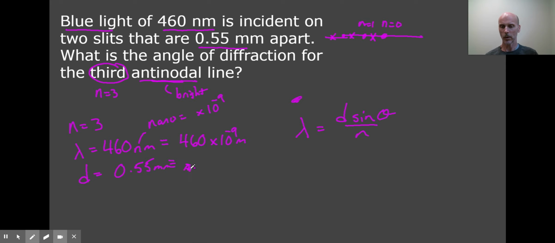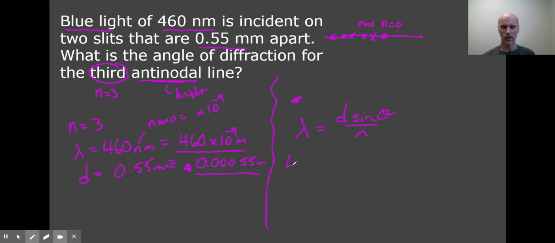And I know that it takes 1,000 millimeters to make a meter, so move the decimal 3 places, so this is 0.00055 meters. So we have our wavelength now in meters, we have our d in meters, so these units work well together, and they should cancel out and allow us to solve for the angle.